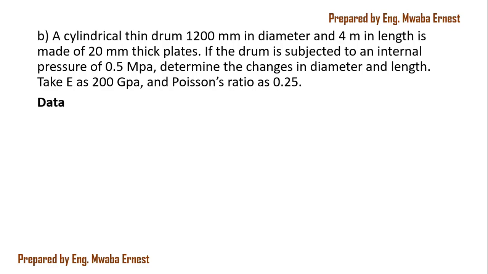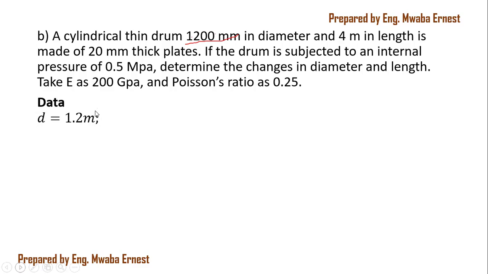Let's try to look at the information we have been provided with. First of all, the diameter D is 1,200 millimeters, and as per tradition, we're not going to use the millimeter. We convert this to meters just by dividing by 1,000, meaning this will move 3 decimals, and we end up with 1.2.